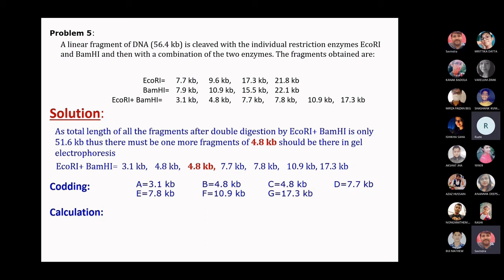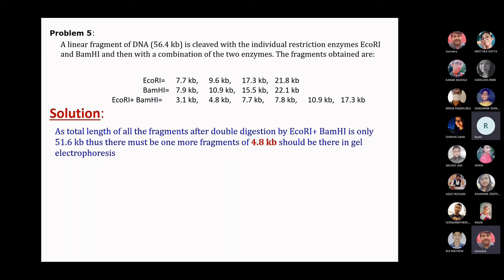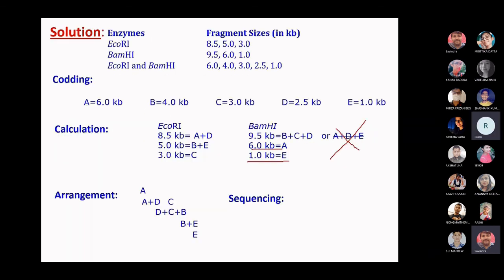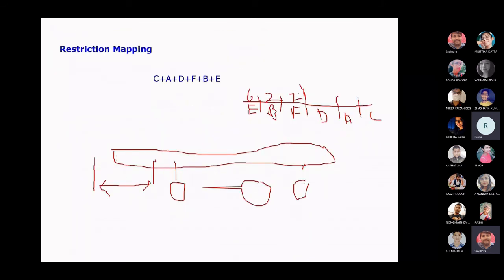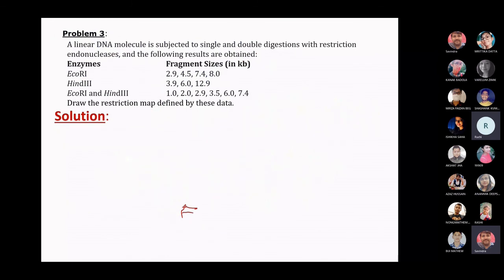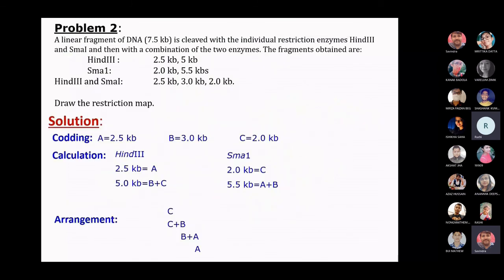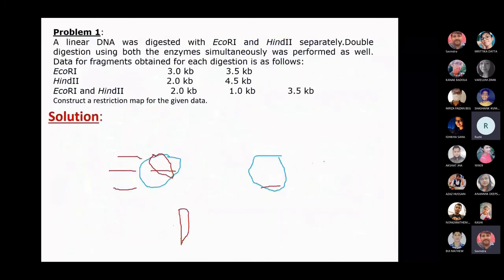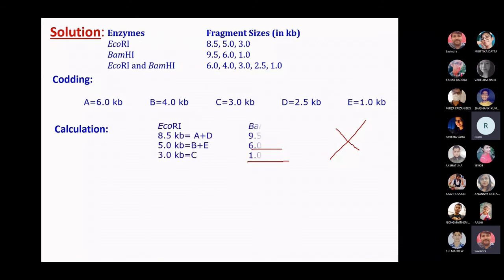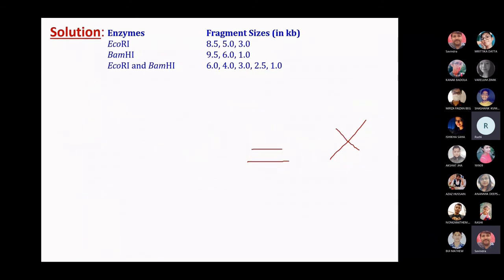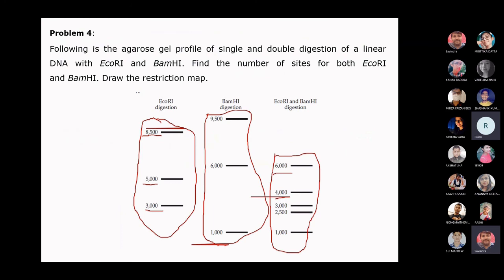BG, have you ever understood the rationale behind the movement of DNA molecules on an agarose gel? Yes, ma'am. So when we digest DNA with a restriction enzyme, the DNA carries a net negative charge, and that is why it moves from the negative to the positive electrode on the basis of the size of the fragment.